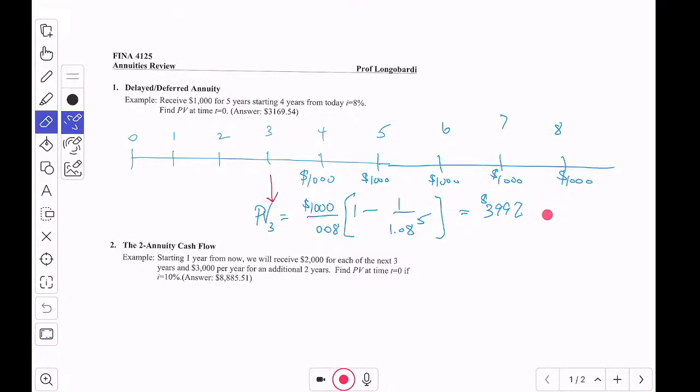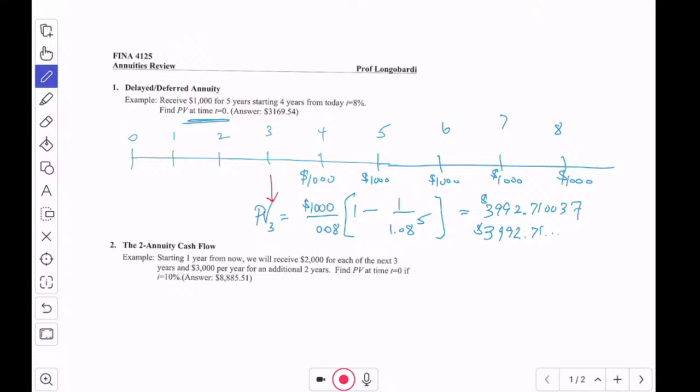My memory. So I'm just showing you that you don't have to write out all these decimals. You could even write 3992.71 just to let me know you stored it somewhere and didn't lose the decimals. Now, the question asks for the value at time 0.